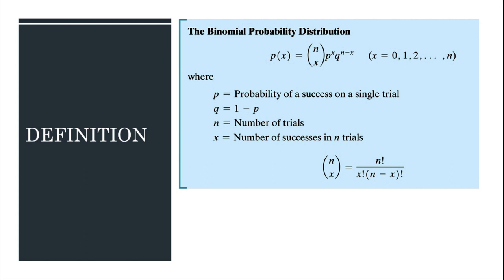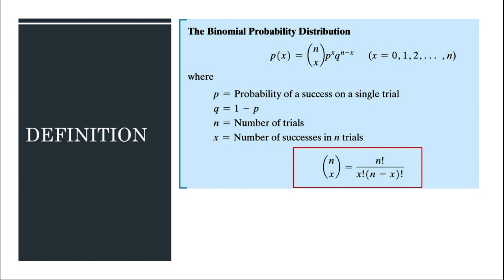Firstly, let's see the definition. The probability of x successes is shown like this. We use the combination rule here, where n factorial is n times n minus 1 times n minus 2 and so on up to times 1.